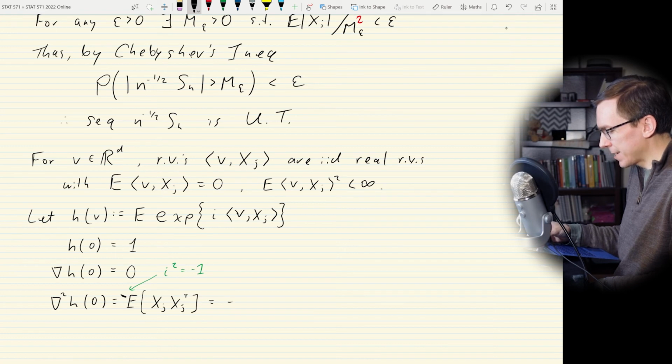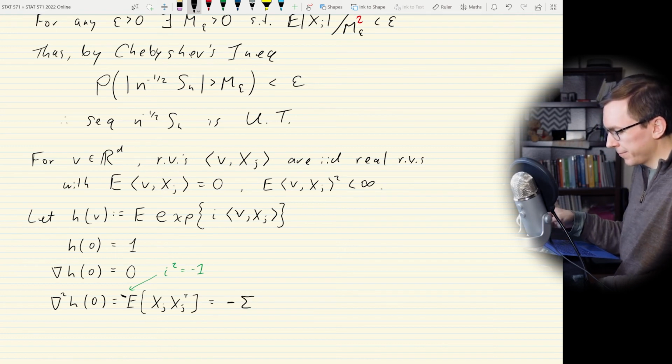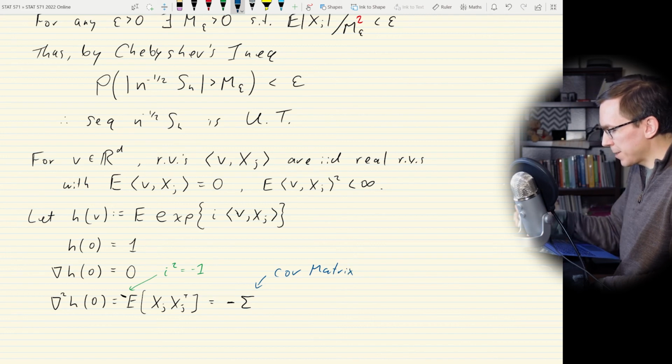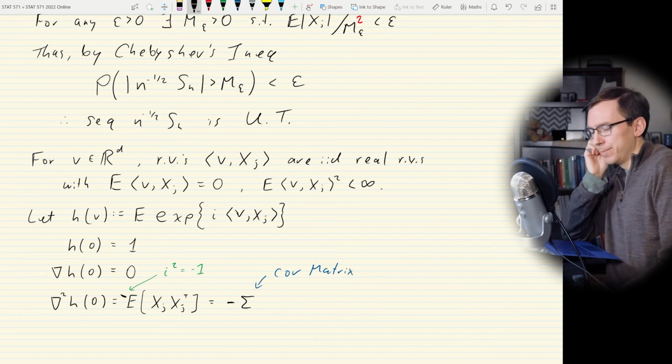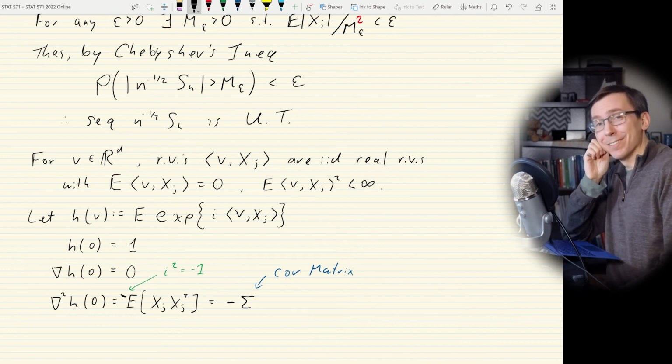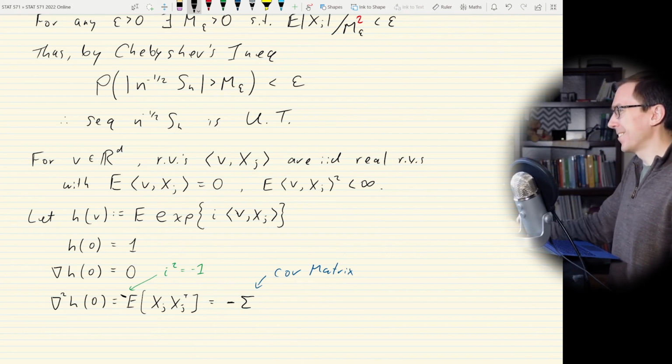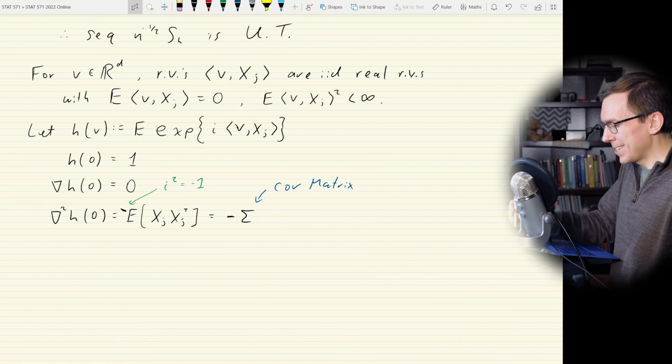This is the covariance matrix that we started with from the beginning. What comes after that, I don't care, because I only really care about the first 2 derivatives, because that allows us to do Taylor's theorem.